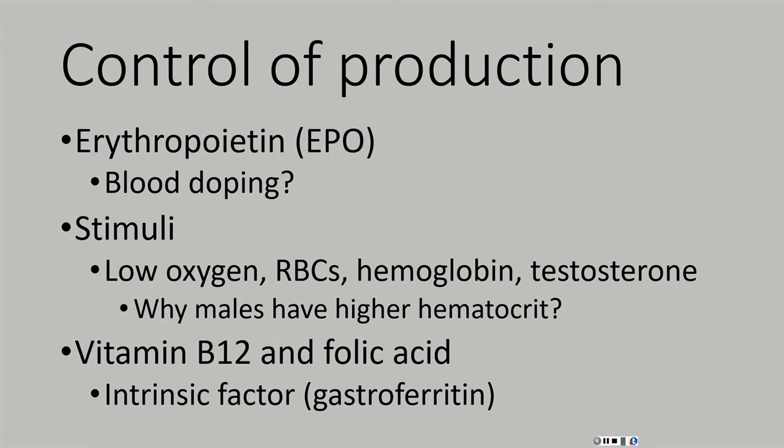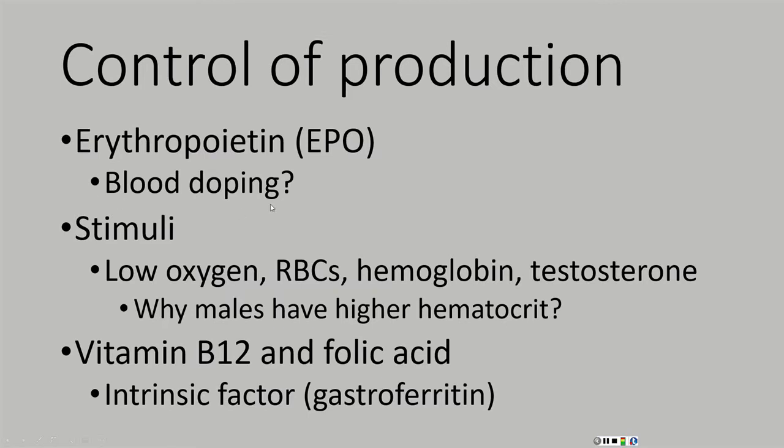Your viscosity increases, so your blood gets more viscous. And when it gets more viscous, what does that cause? It causes your blood to have more resistance to flow. It's not going to flow through your blood vessels as easily because now it's thicker. And that causes your heart to work harder. And blood doping can often lead to heart failure because you are overtaxing your heart.